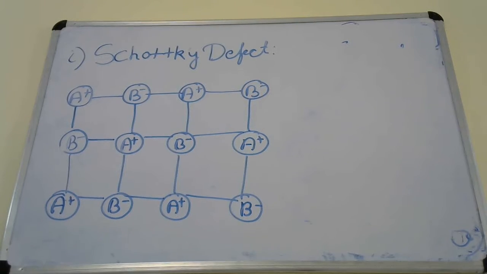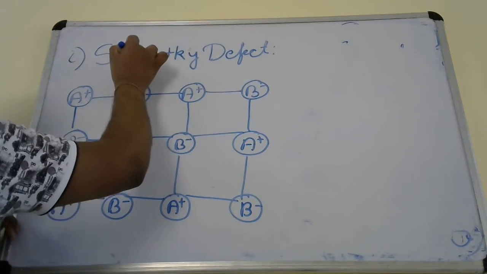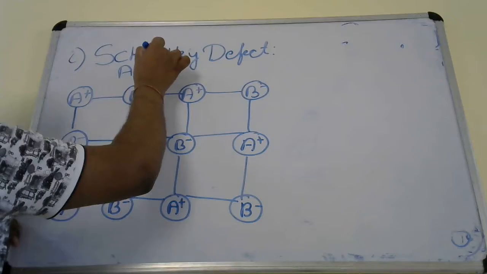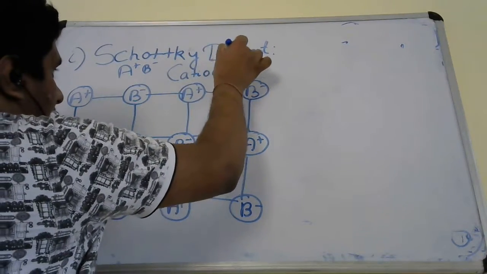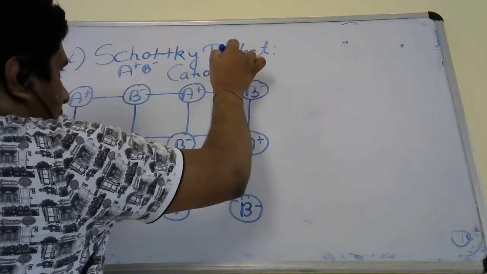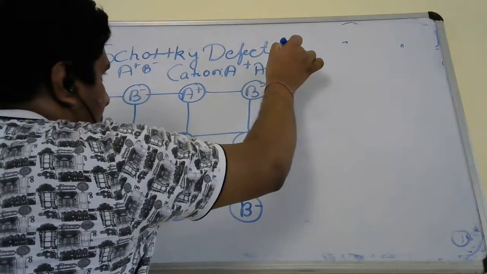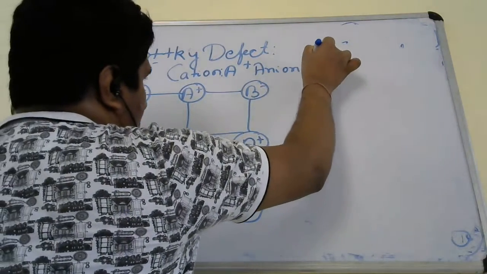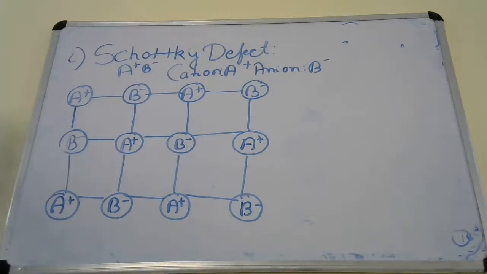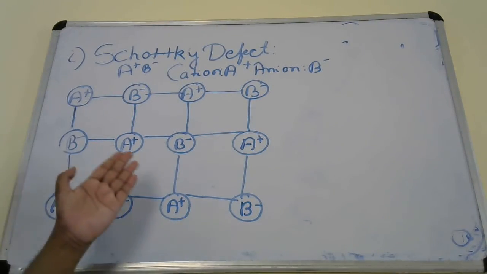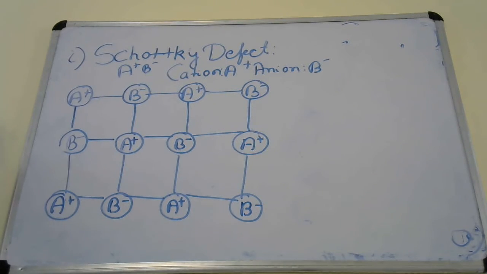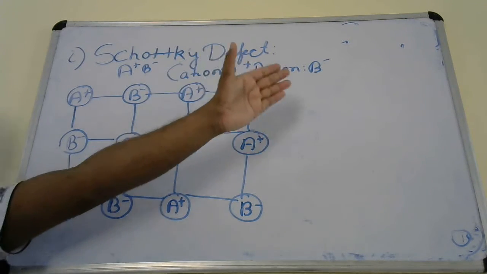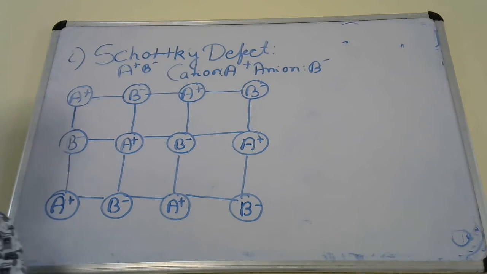Imagine this is the lattice of an ionic solid of formula A plus B minus, with cation A plus and anion B minus.